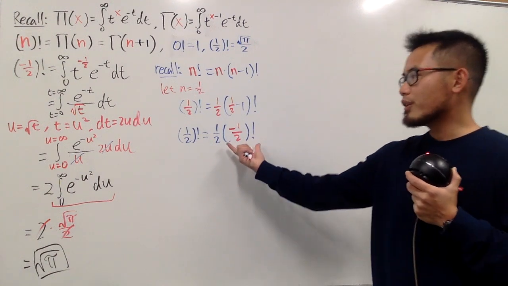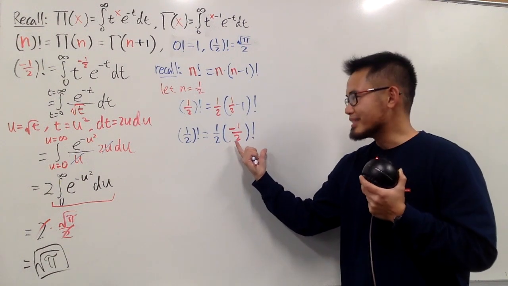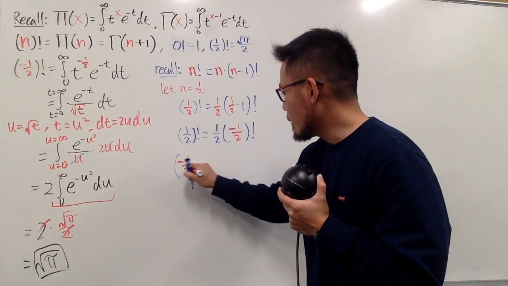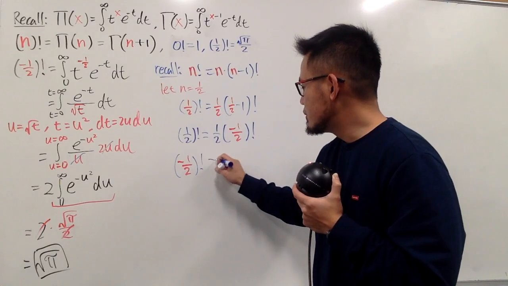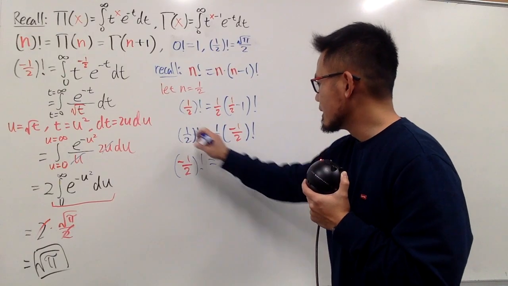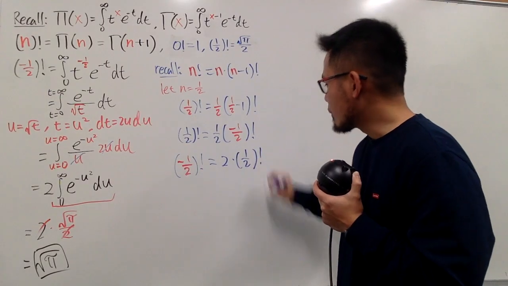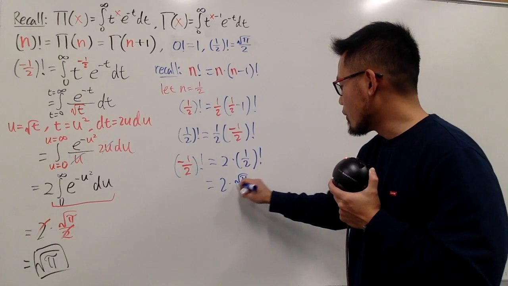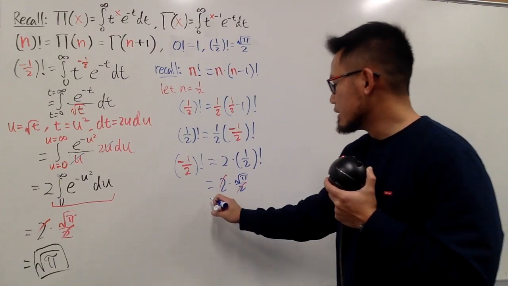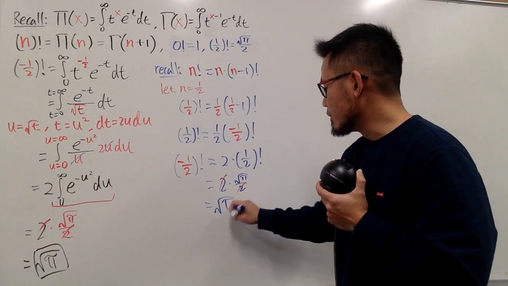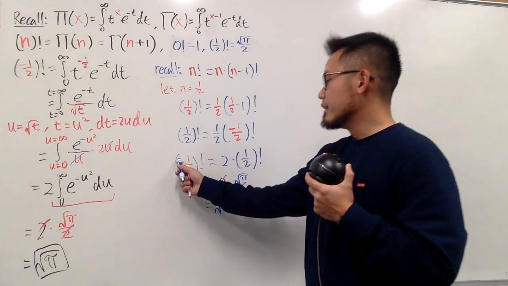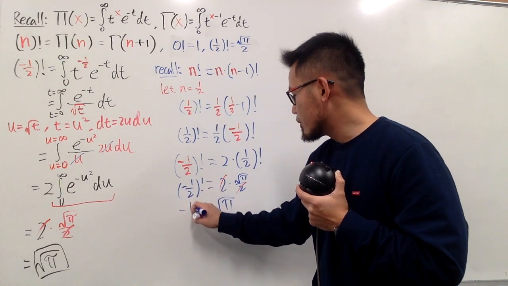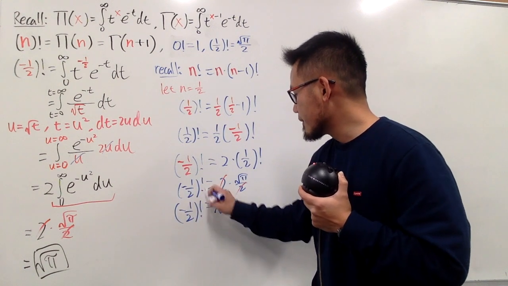And now if you want to figure this out, all I have to do is multiply both sides by 2, isn't it? So now, in the end, we see negative 1/2 factorial is just 2 times positive 1/2 factorial. And of course, we know what this is from last time. So that's square root of pi over 2. And then, of course, they cancel out. So we see that this is equal to square root of pi, right? Negative 1/2 factorial, it's equal to square root of pi, all right?